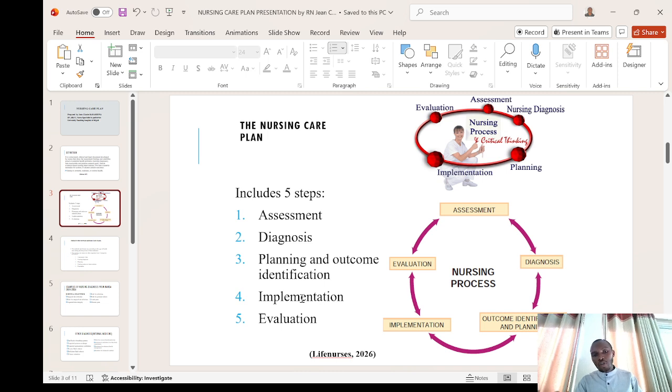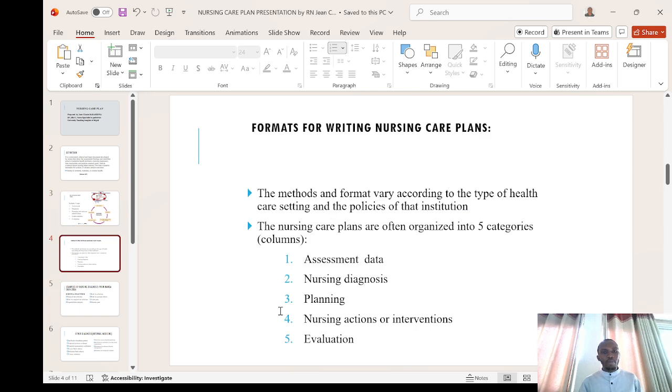Here in the implementation part, you will show different nursing interventions with the rationale of how to address the identified problem or nursing diagnosis. The last column will be an evaluation, where you evaluate after the set period of time in planning, and then you see if your objective has been totally achieved, partially achieved, or not achieved. So these are the main steps of a nursing care plan.